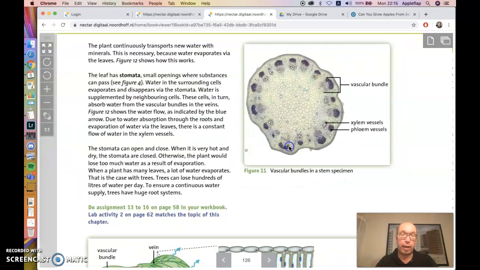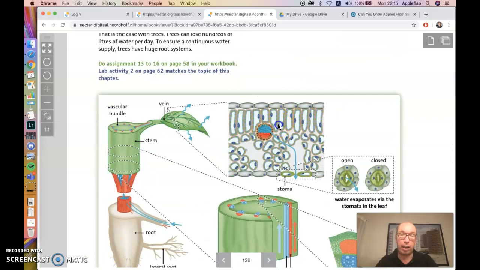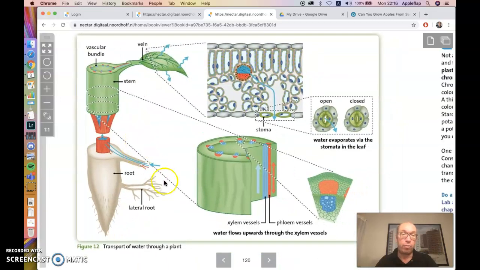Well, okay, so what happens inside a plant? The water and minerals are taken up by the root hairs through the lateral roots into the main root, and then transported in the xylem vessels. So the xylem vessels are inside of the stem, and it goes all the way up until it reaches a leaf, and inside the leaf water is needed for a few things.